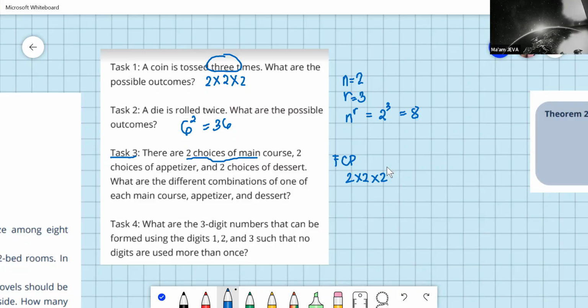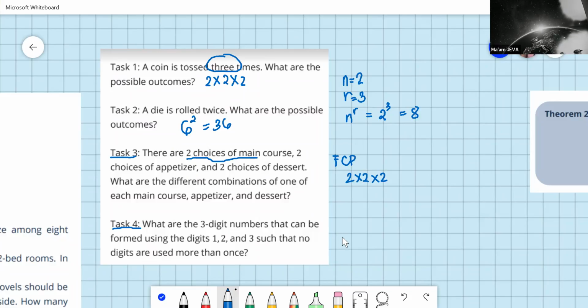Question. This is fundamental counting principle still, but it can be categorized as a repetition. So for task number 4, so far no question. What are the 3-digit numbers that can be formed using the digits 1, 2, and 3 such that no digit is used more than once? What is the solution for this?